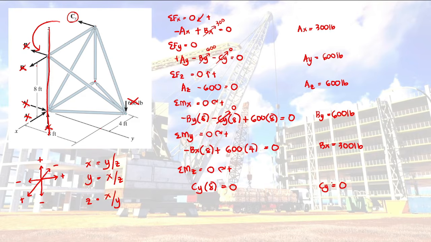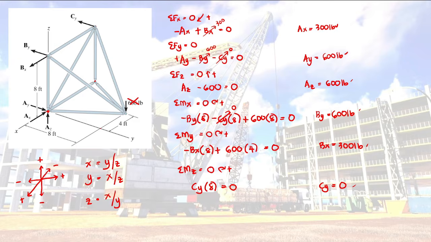So, na-solve na ba natin lahat ng reaction? So, 1, 2, 3, 4, 5, 6. Okay? So, okay na yung reaction natin. So, we already solved all reactions. Okay? Then, what is the next process here? We can already do method of joints.